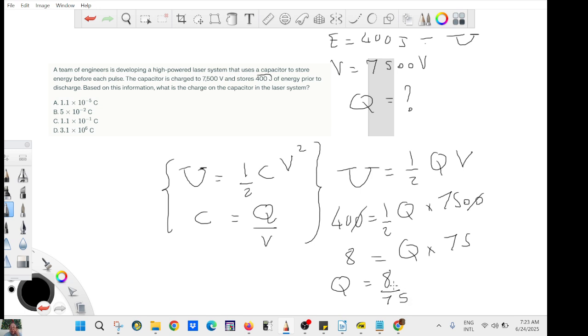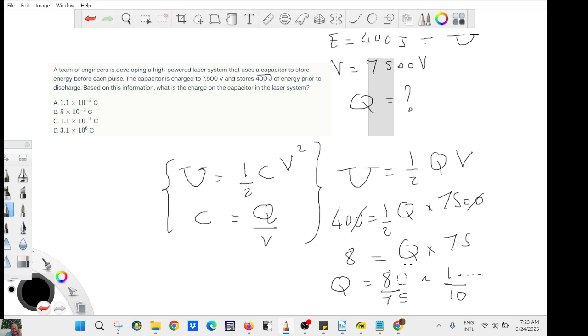So if it was 80, you see 75 goes into 80, 1 point something. But now you have 8, so it will be 1 point something divided by 10, because 8 is 80 divided by 10.